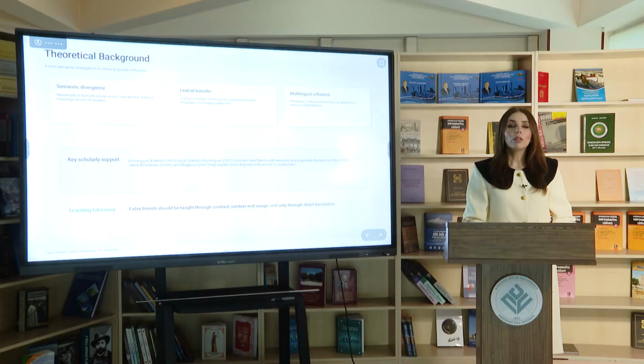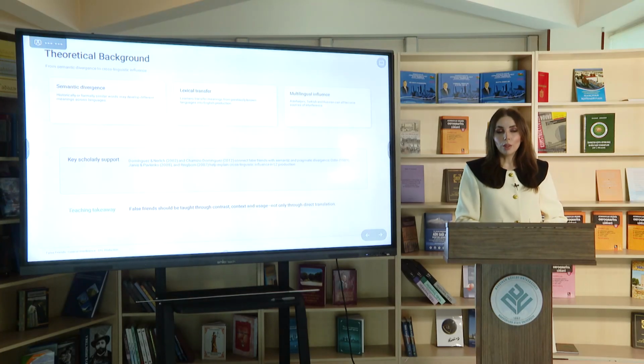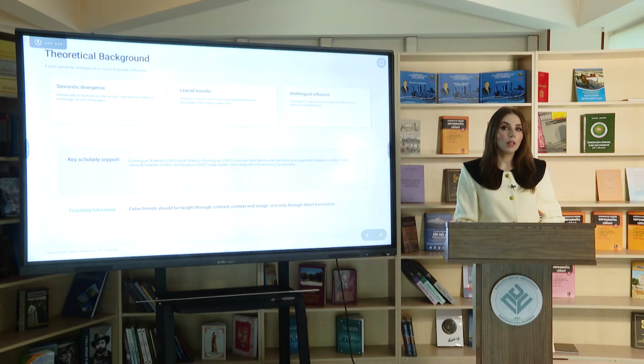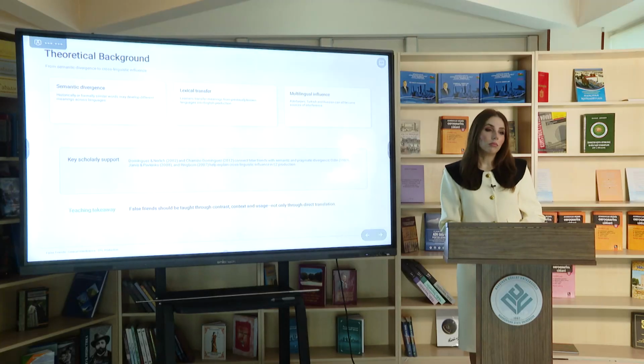Let's pay attention to the word magazine. This word looks similar in Russian and in English. The word magazine means a periodical or journal in English. However, it means shop or store in Russian.